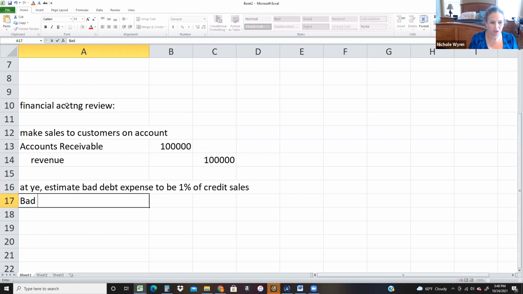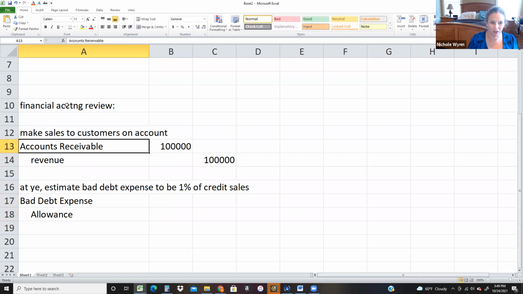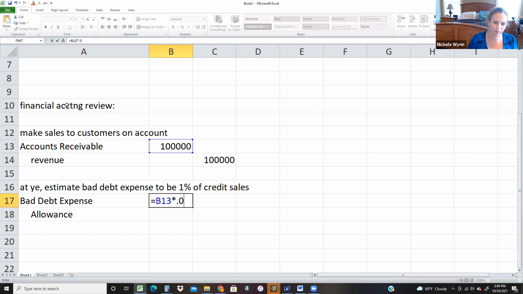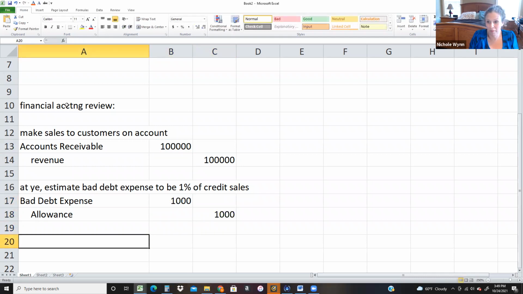So then you would do bad debt expense and allowance, and you go back to your credit sales for the whole year, and 1% of that is 1,000. And then at some point you find the customers that are bad. We don't know who they are when we make sales to them, but we find a customer that's bad and say, write off customer for $120.